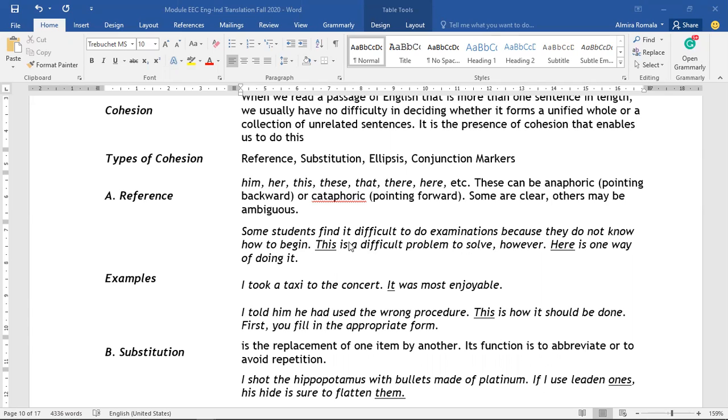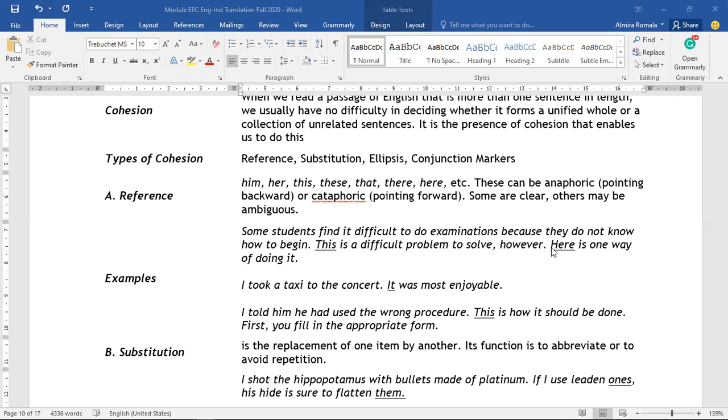So what the difficult problem to solve is, is that the students do not know how to begin to learn for the examination. This one requires us to think about the context from the text, right? So it means that not all references are clearly stated, so we have to understand the meaning from the context by looking at the other sentences.